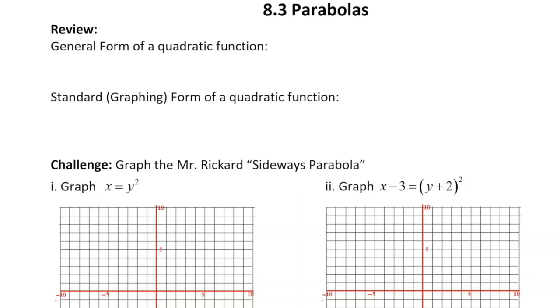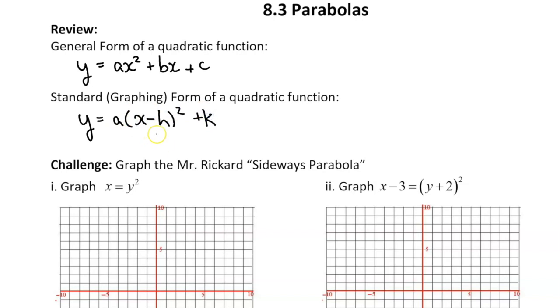So just to begin with, for review, the general form of a quadratic function, so this is back to Pre-Calc 11, took on the form of y equals ax squared plus bx plus c. And then we had something called graphing form, also called standard form, and that was in the form of y equals a(x minus h) squared plus k.